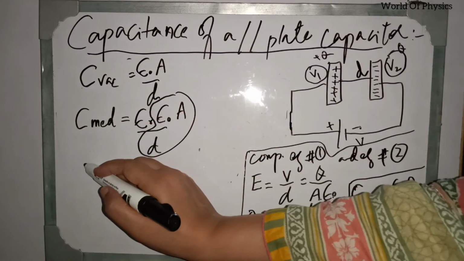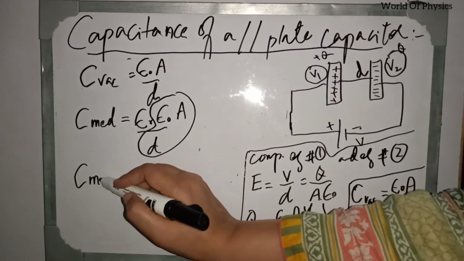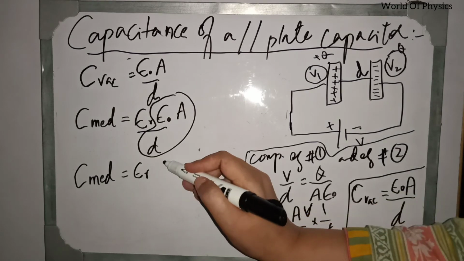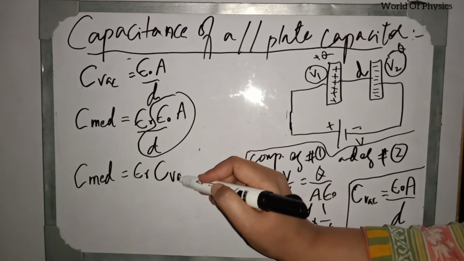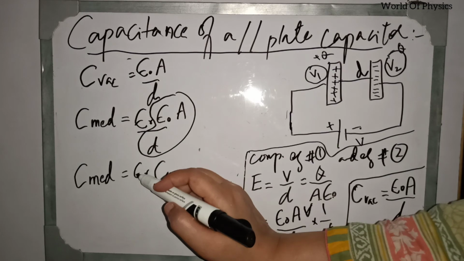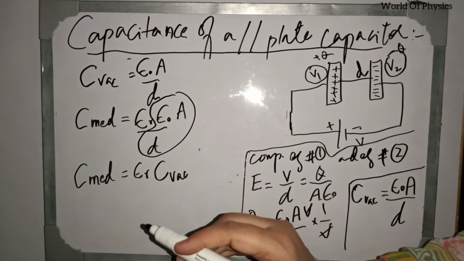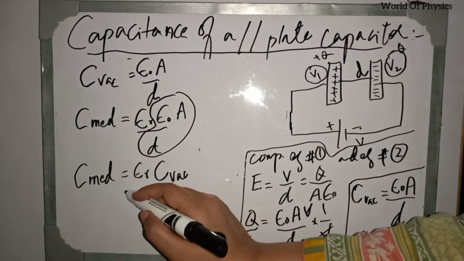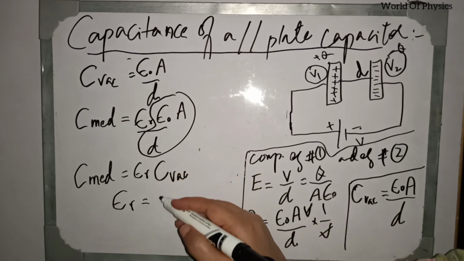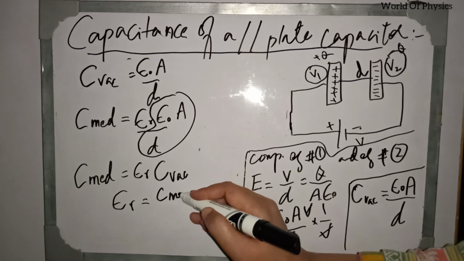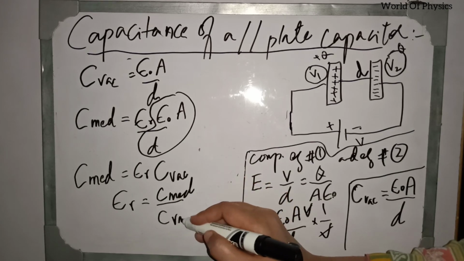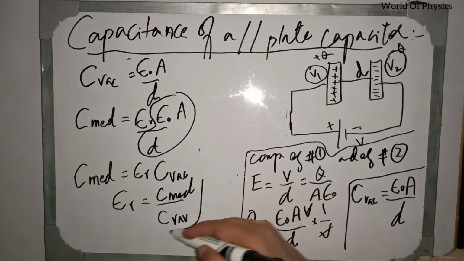So this equation can be written as capacitance in the presence of a medium is equal to epsilon R multiplied by capacitance in vacuum. Or if I want to find out the value of only epsilon R, relative permittivity, then epsilon R is equal to, by cross multiplication, capacitance in the presence of a medium divided by capacitance of a parallel plate capacitor in the presence of vacuum.